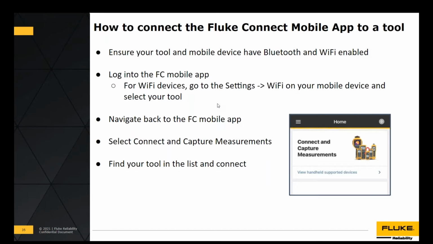For our Wi-Fi specific tools, we'll go to the settings in our mobile device, go to Wi-Fi, and then select our specific Wi-Fi network from that tool. Then we'll navigate back to the mobile app and click Connect and Capture Measurements. Then we can find our tool in the list and click that Connect button.